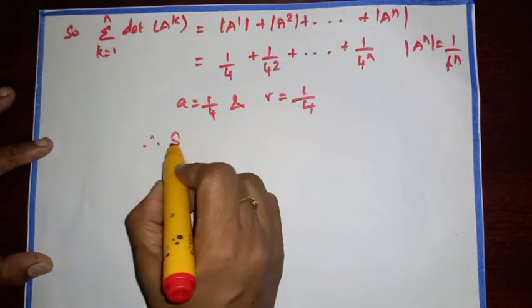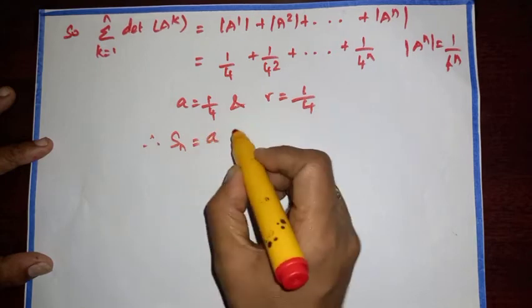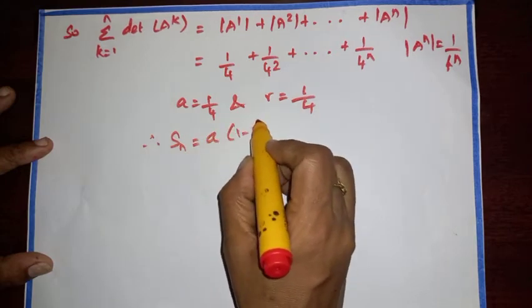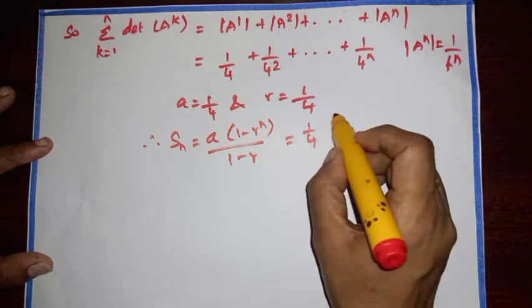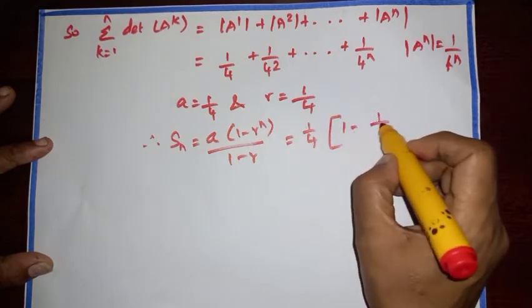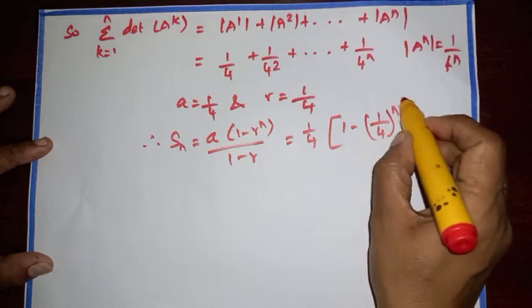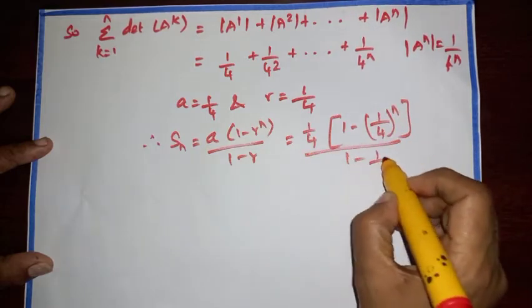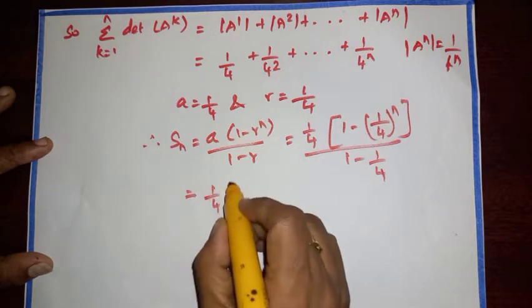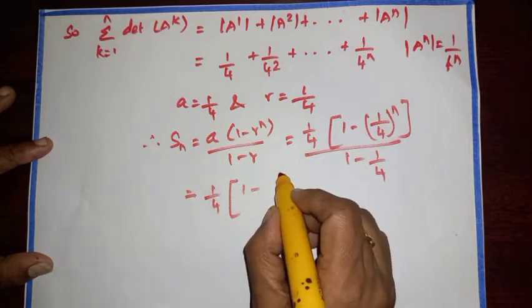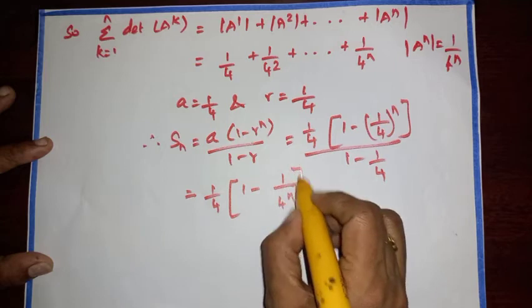Now we are going to find Sn. Sn of GP is a into 1 minus r power n by 1 minus r. A is 1 by 4 into 1 minus 1 by 4 the whole power n by 1 minus 1 by 4. It is equal to 1 by 4 into 1 minus 1 by 4 power n.